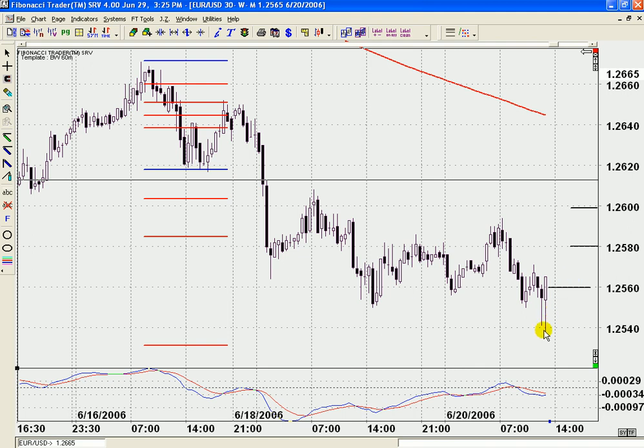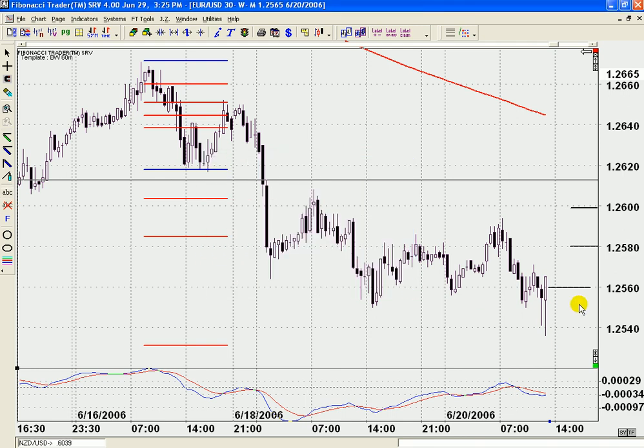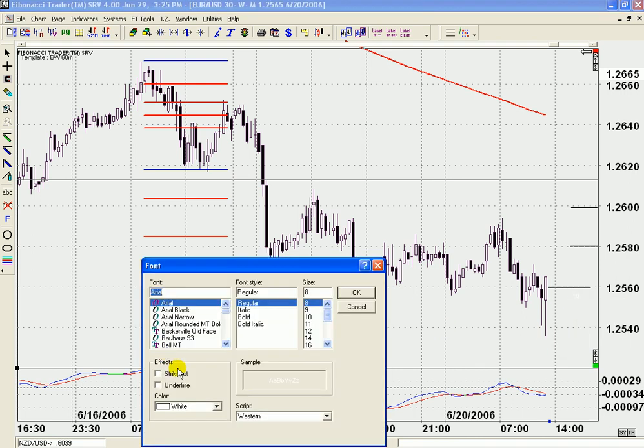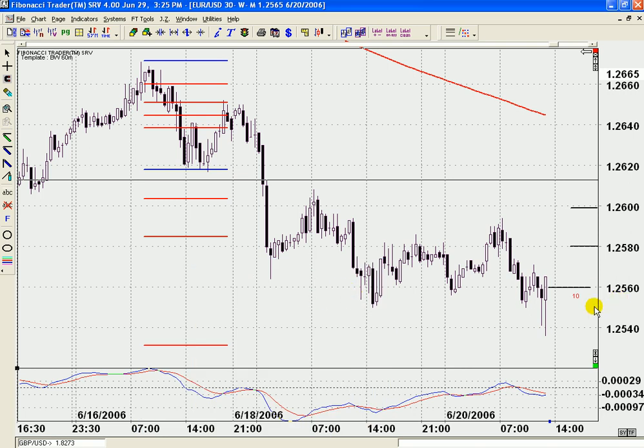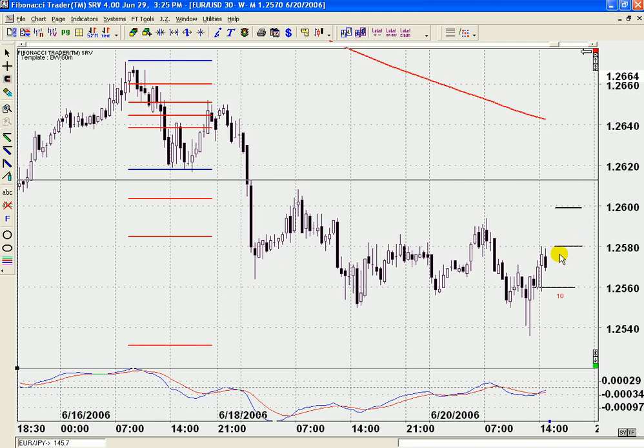Let's say you enter with 10 lots. We can do this. We enter here with 10 lots, and as the market moves up, we take out 7 lots here, and price bounces at 25.80.